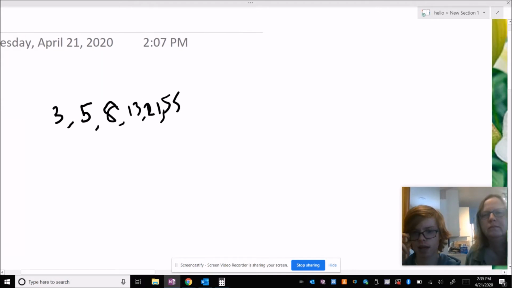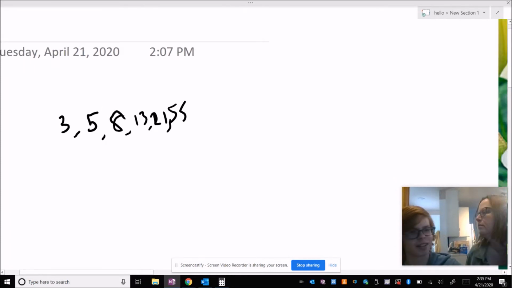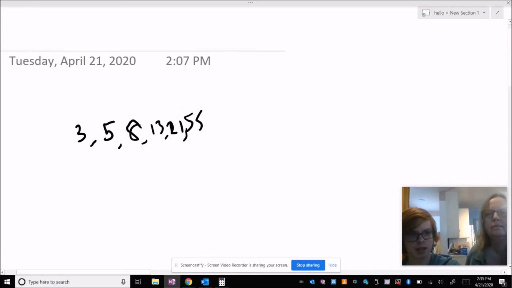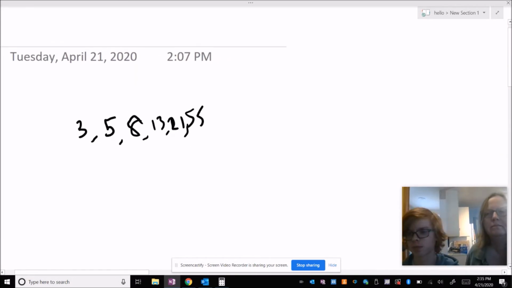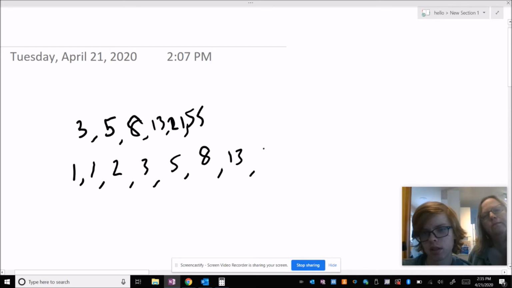So a pattern is a set of numbers that are recurring and have some kind of special, what is it? It's like a recurring pattern. And the pattern for this is 1, 1, 2, 3, 5, 8, 13, 21, 34, and 55.